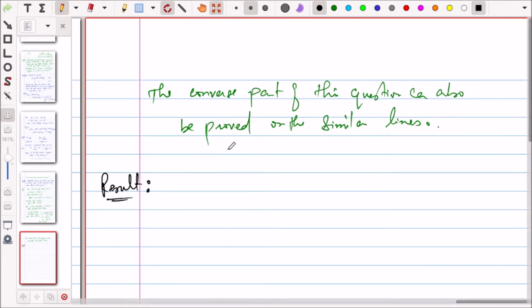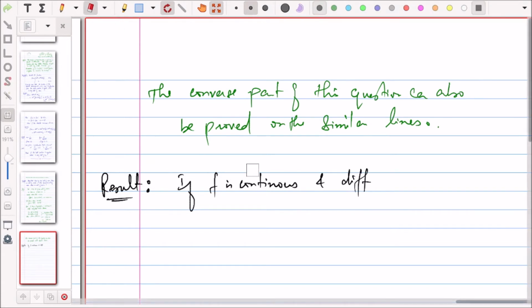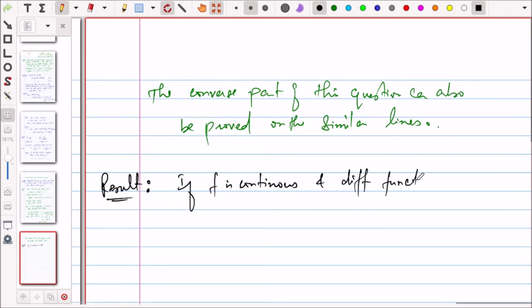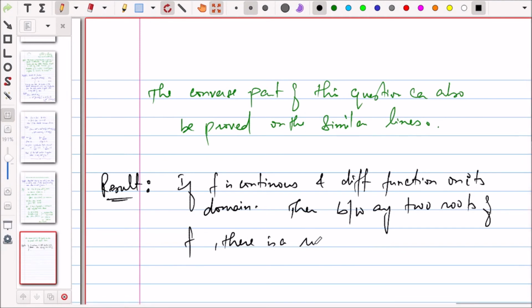So the general result of this question is: between any two roots of f, if f is a continuous and differentiable function on its domain, जो भी domain है, ठीक है? Then between any two roots of f, there is a root of f dash.